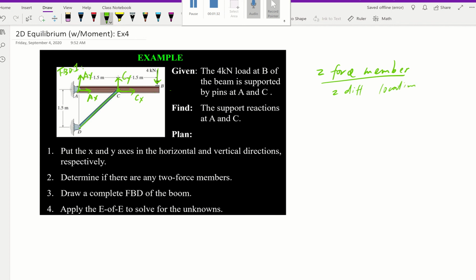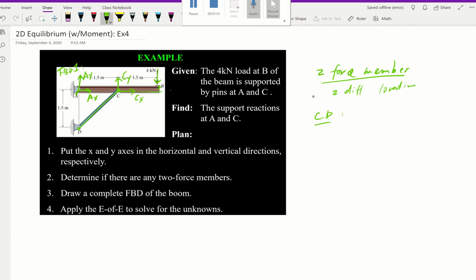And because of this, we know CD is a two force member. One force at D, one force at C. And ACB, however, is not a two force member because there's force at A, force at B, and they're also force at C. CD is going to be the two force member.